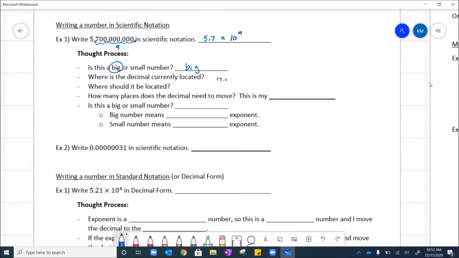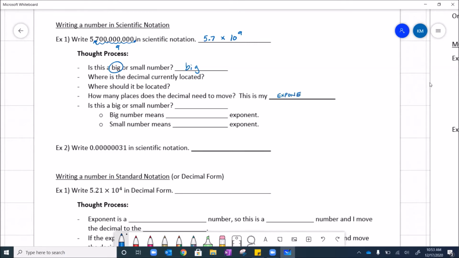It'd be like 17.0 if we made it a decimal, right? We typically don't write it that way, and so we don't think about this decimal, but it is there at the end. Where should it be located? Like I said, we want to locate that decimal where the number is greater than or equal to 1 and less than 10. And how many places did it move? This is my exponent.